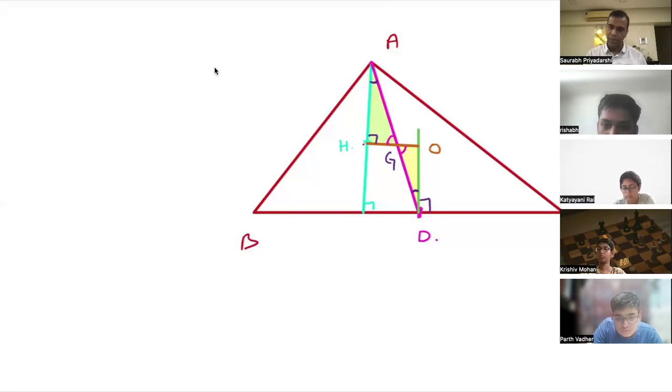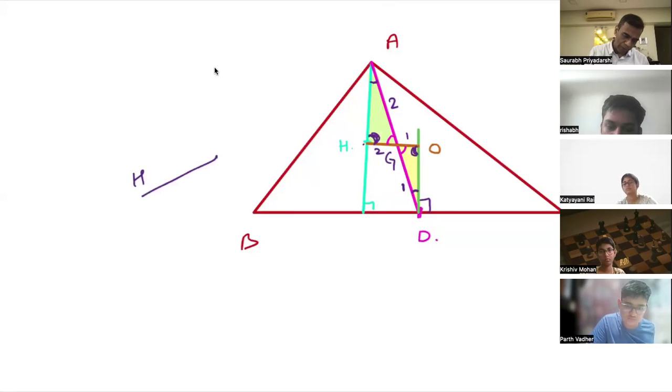So obviously the third angle will always be the same, right? The third angle, this one and this one. So both triangles are similar, and we know that the centroid divides the median in the ratio 2:1. So this again divides in the ratio 2:1, the HGO.